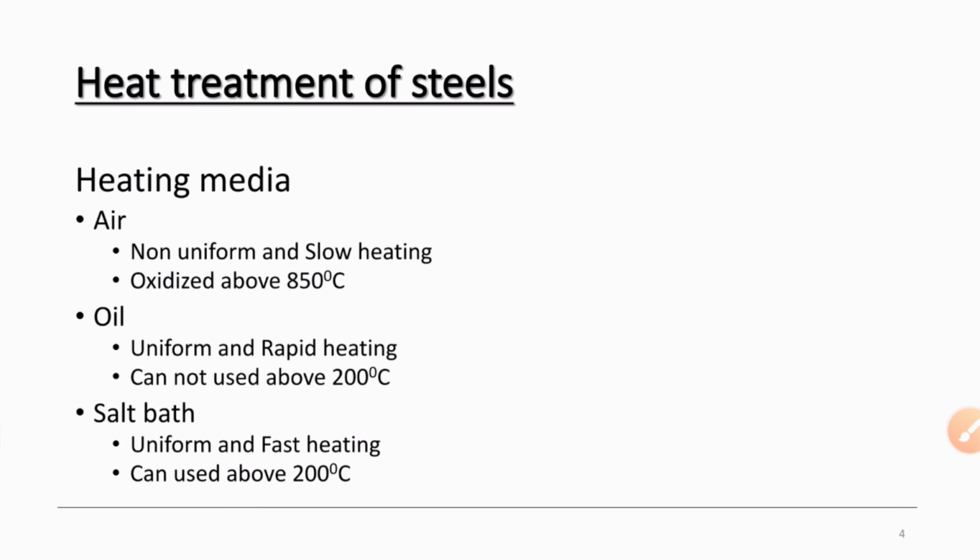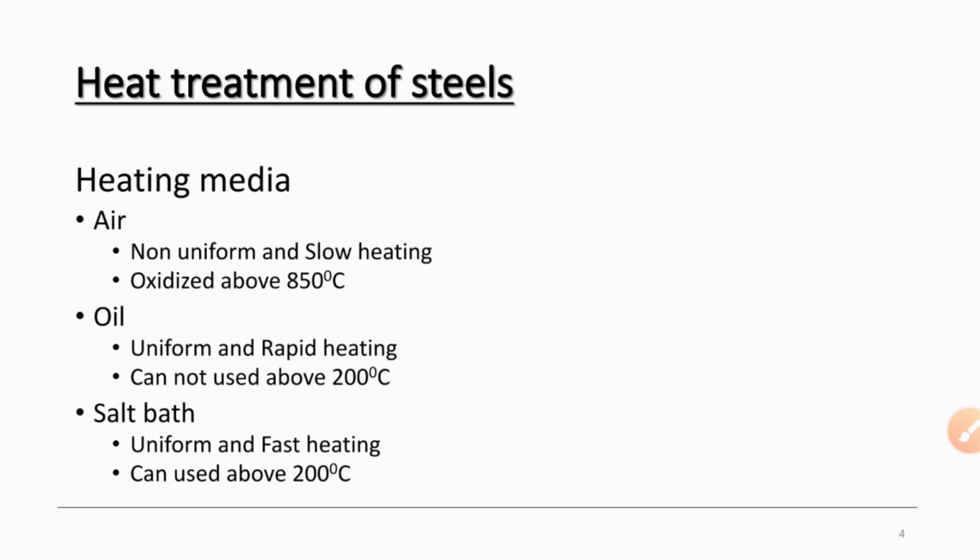Oil cannot be used above 200 degrees centigrade. Why? Because oil has a flash point. Above 200 degrees centigrade oil cannot be used because it will burn.